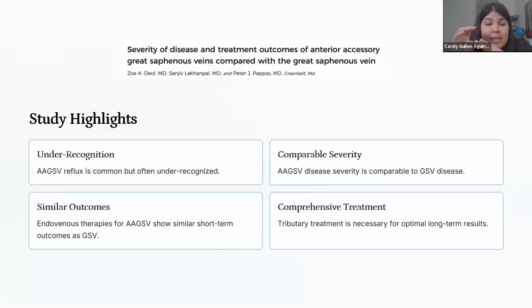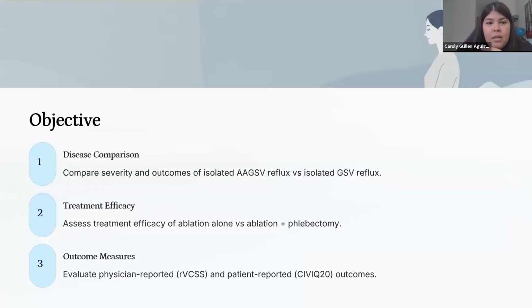The treatment also had similar outcomes. So endovenous therapy for AAGSV shows similar short-term outcomes to GSV, and comprehensive treatment of tributaries. It also highlighted that tributary treatment was necessary for optimal long-term results.